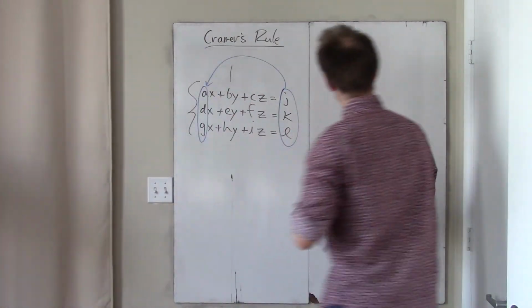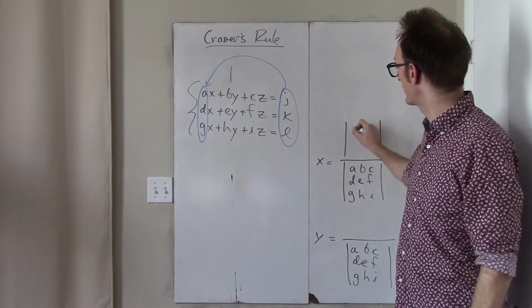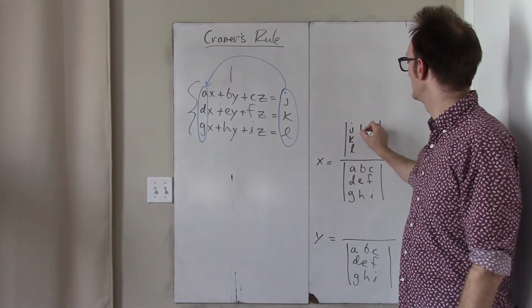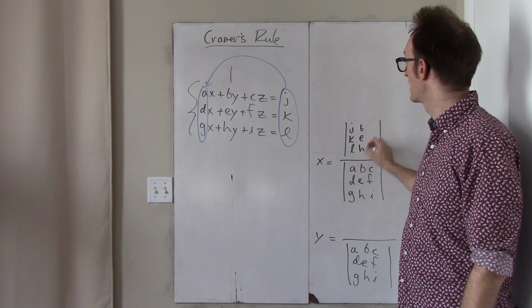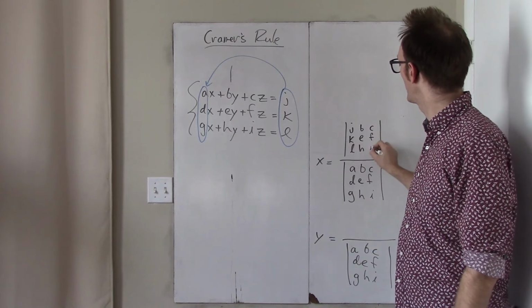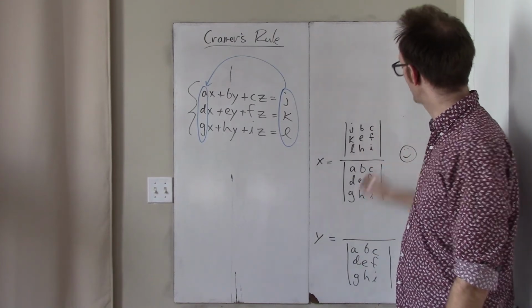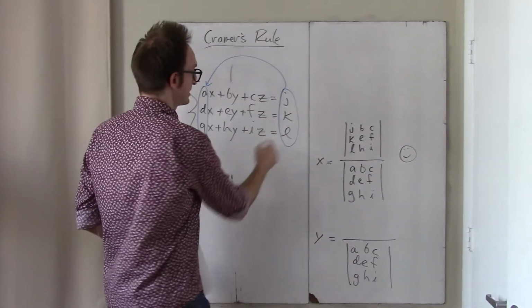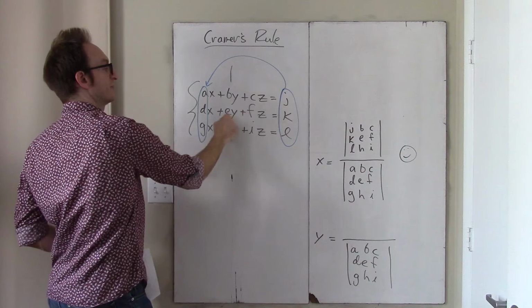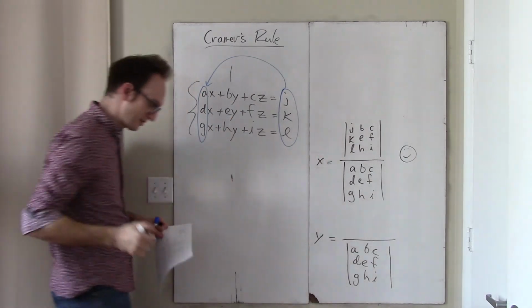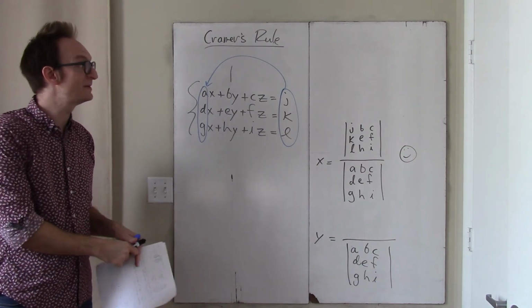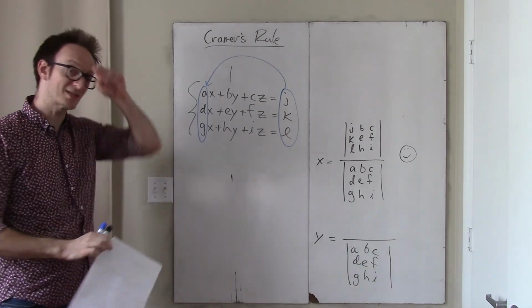That gives you this 3 by 3 matrix: J, K, L, B, E, H, and C, F, I. And that is the solution in general for x. For y, you replace J, K, and L in for B, E, H, and you take the determinant of that; you get the numerator. So that's the usefulness of 3 by 3 determinants, although you're just trusting me on that.